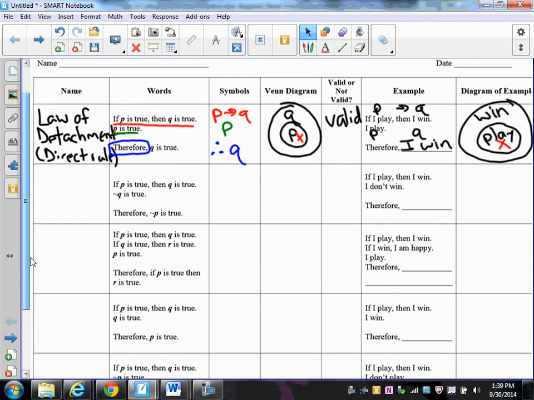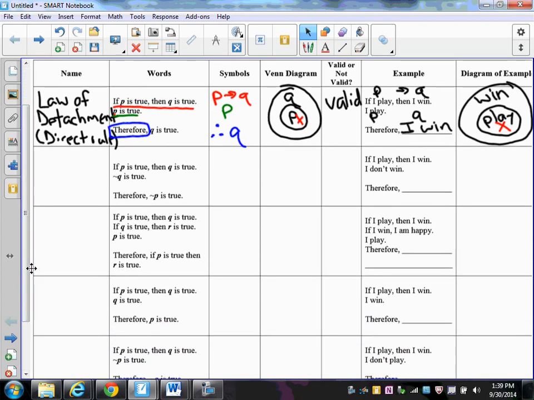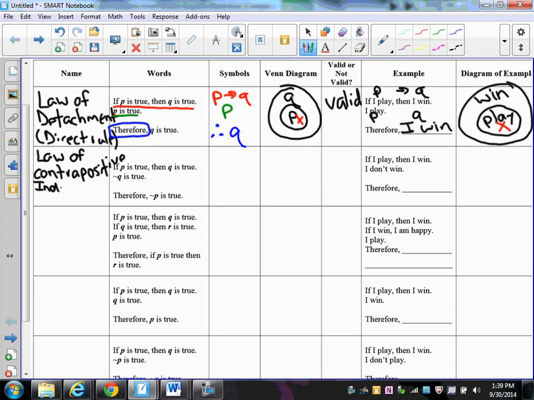So our next name that we have here, this is the law of contrapositive. This is the indirect argument. So we should be getting used to writing it in symbols.